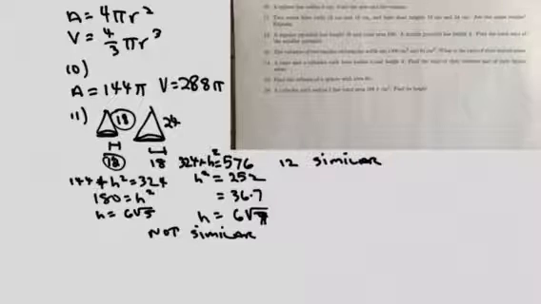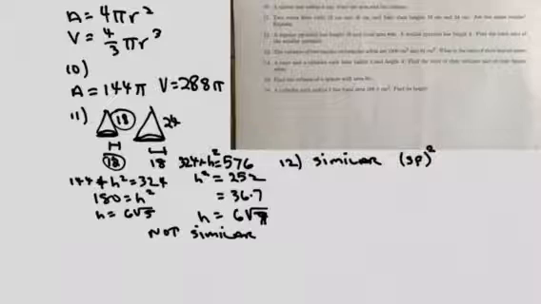The scale factor squared is how their areas are related, not the first power, which would be how corresponding sides are related.